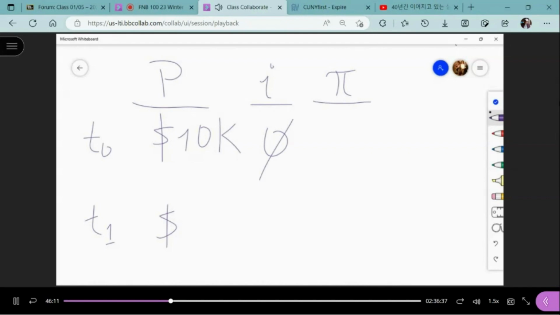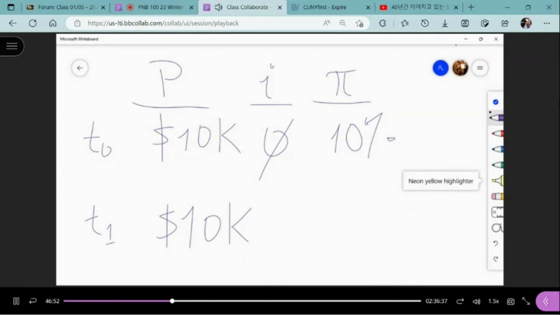In other words, you don't put it in the bank, or even if you put it in the bank, inflation is 10%. What does that mean? If interest rate is zero, put it in the bank, 1 year later it will still be 10K, right? Nominally 10K, but everything becomes 10% more expensive 1 year later. So what will be the actual purchasing power of 10K?